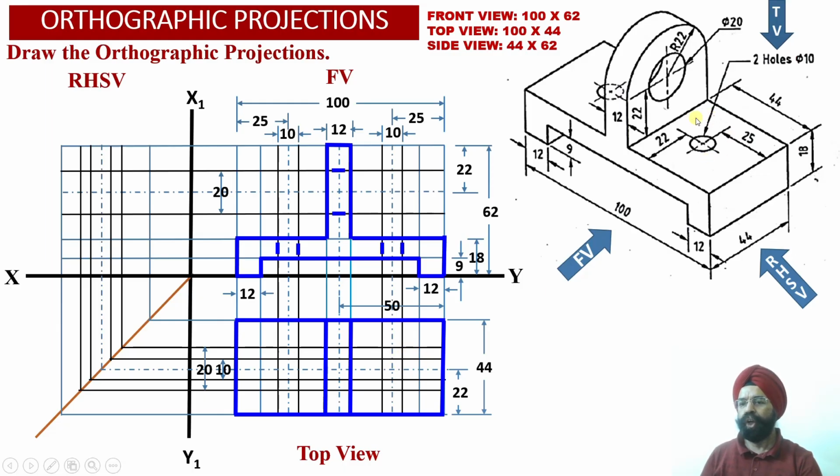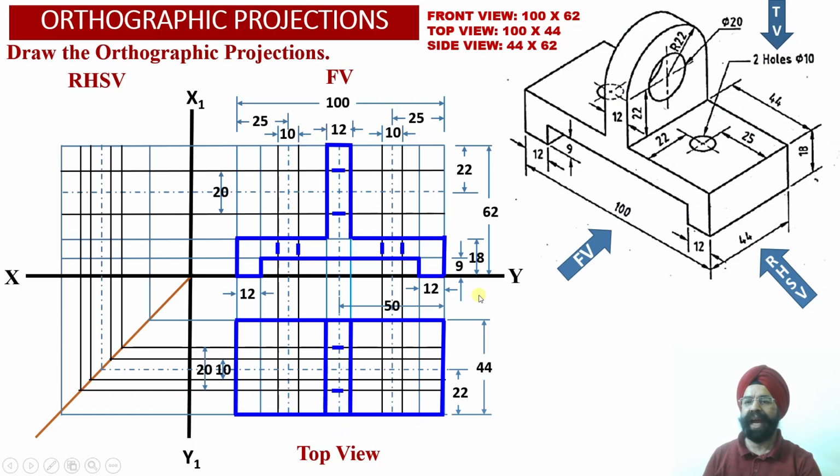Therefore the true shape of this surface will be visible into the top view projection, and the true shape of this surface will also be visible to the observer into the top view projections. Whereas this rectangular projection is an apparent shape projection over here.